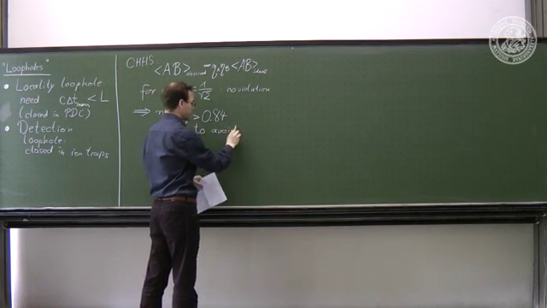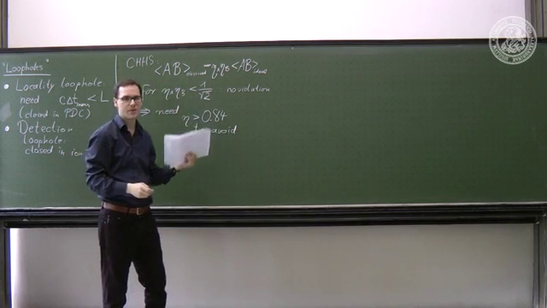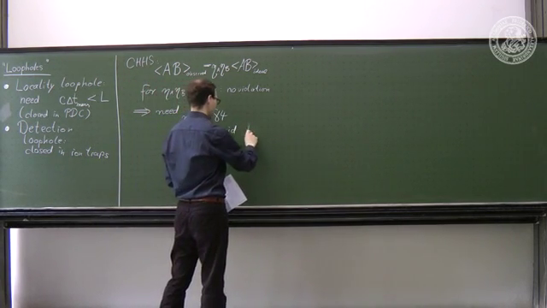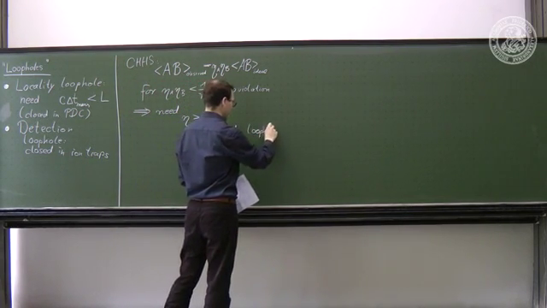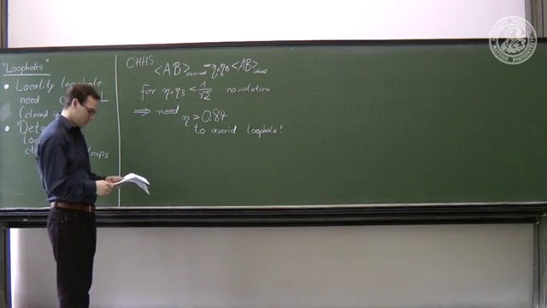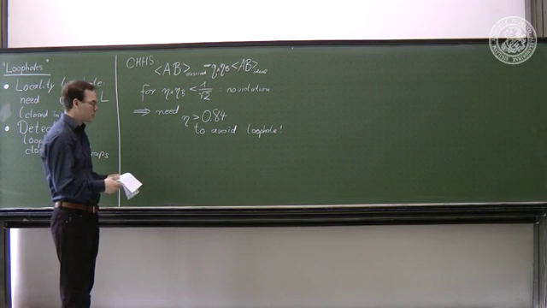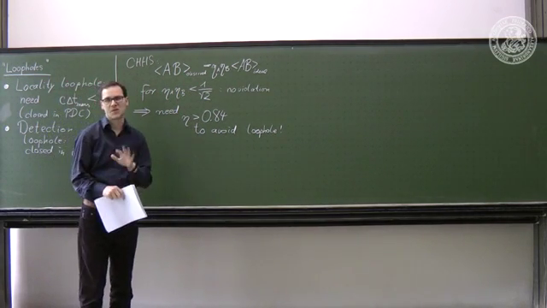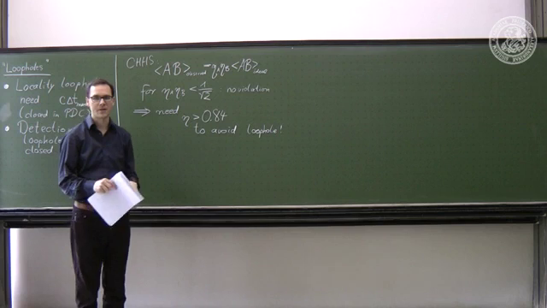And so you would need detectors better than 84% to avoid this detection loophole. And so at the moment, this is not yet achieved in these photonic experiments, because usually these detection efficiencies are on the order of 50% or something.